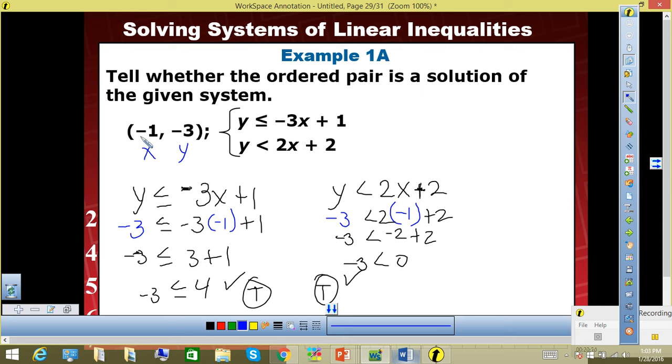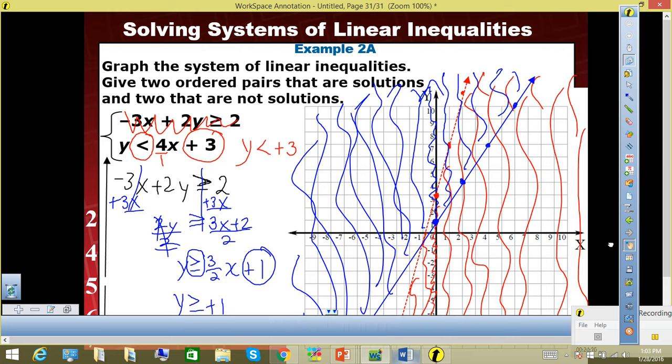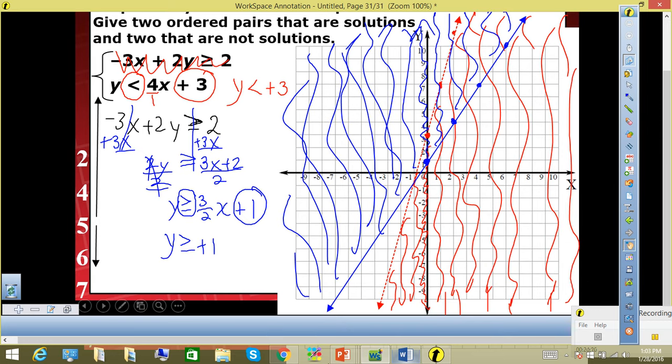We said that in order for a point to be part of the solution of the system, it has to be true for both, right? Look at this graph. Don't say anything. Do you see the solution to the system?